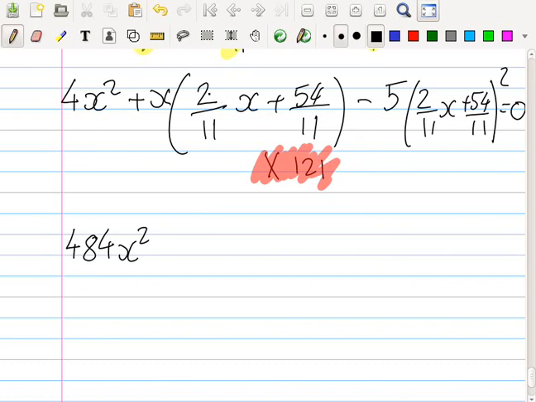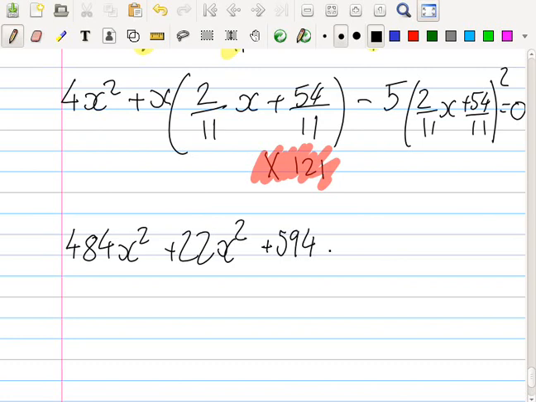And 11 times 2? 22. So you have 22, and then x by x? X squared. All right, 121 over 11 again is 11. So please, 11 times 54 on your calculator, what's that? Nearly 600. 594.